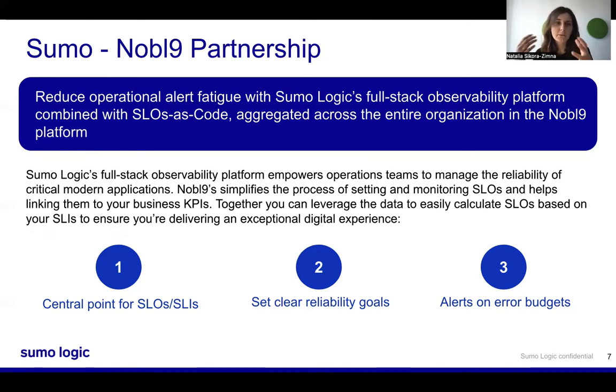And Nobl9 simplifies the process of setting and monitoring SLOs and helps link them to your business KPIs. So you have your application data in Sumo Logic. With Nobl9, you can use this data to calculate SLOs based on your SLIs, make data-driven decisions, deliver an exceptional digital experience, and if necessary, be able to act ahead of time.